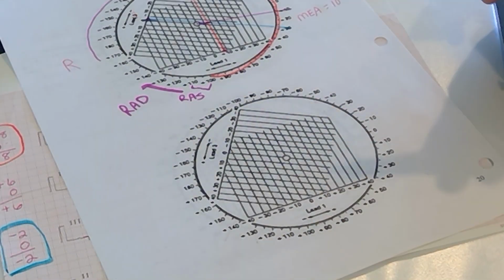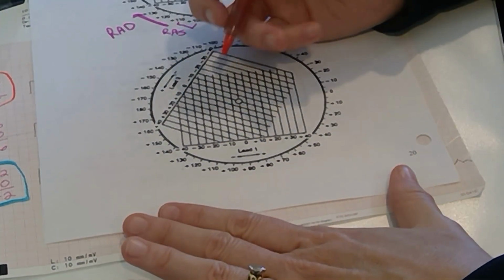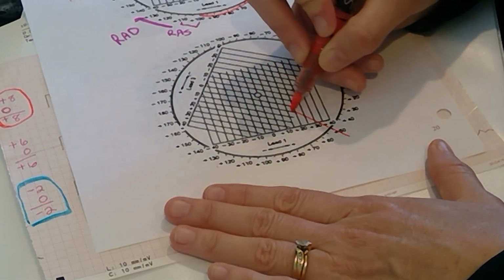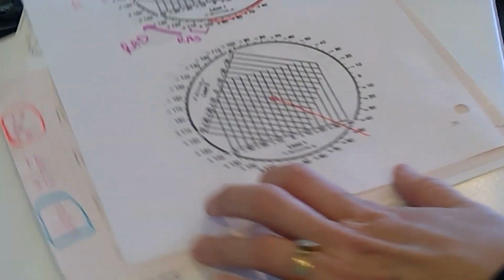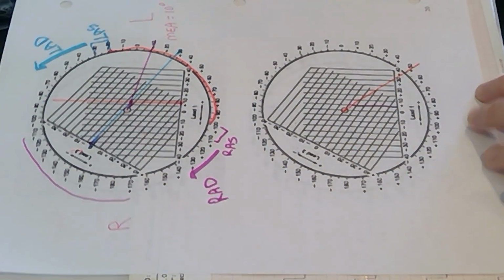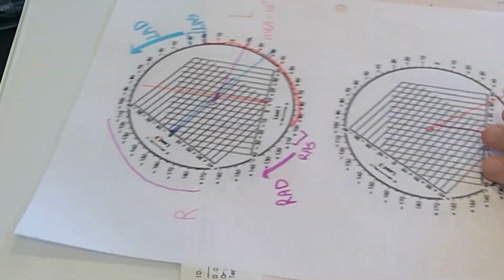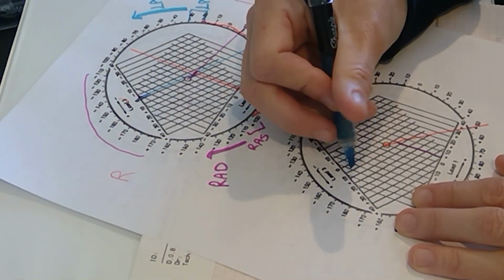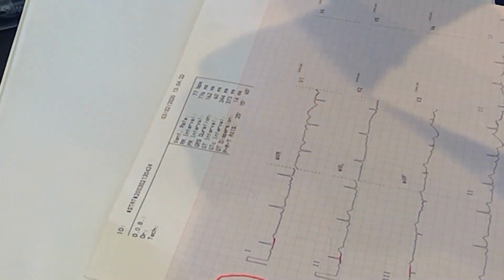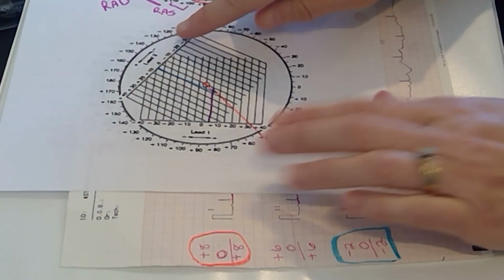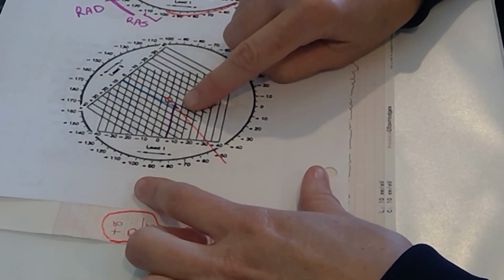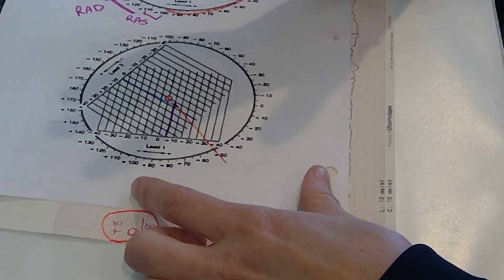Let's say, a new example, you do the measurements for lead 1 and lead 3, and for this new example, you calculated an MEA of about 50. Let me just draw all this in. So let's say your partner, when they were at rest, got an MEA of plus 50-ish, roughly.